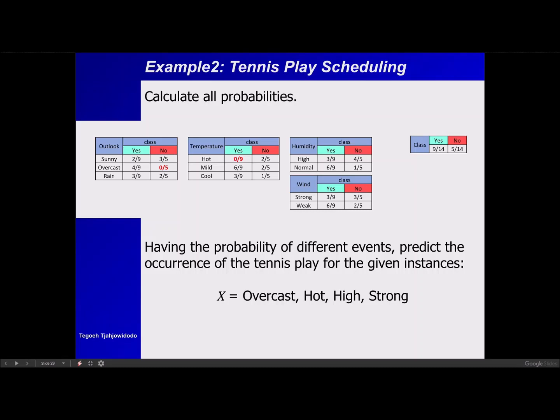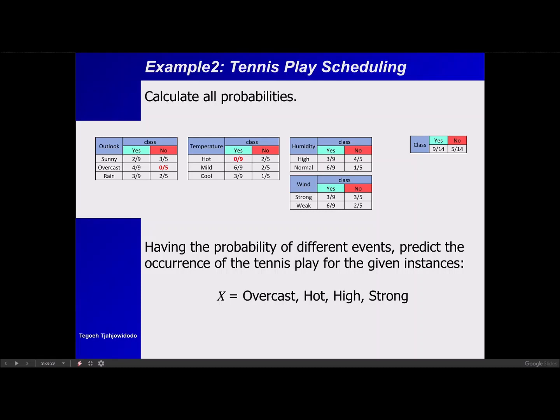Okay, so based on that table, I derived the probability tables, same like what we did in the Street Fighter game. So I have 1, 2, 3, 4, 5 tables. The first four tables indicate the target classes. There are two classes there, yes and no. Yes means the tennis match is played.